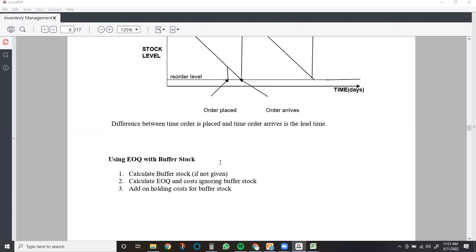And in order to calculate the holding cost with the safety stock, you don't take an average of the safety stock. You take an average of Q over 2, because Q represents the quantity that you've actually bought. And remember, it's always being used. So that's why we use the average concept.